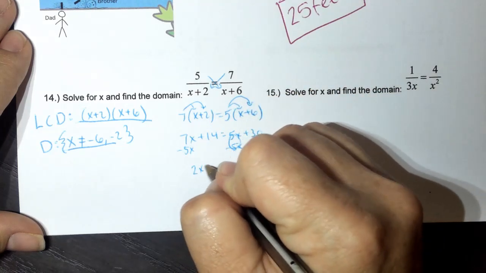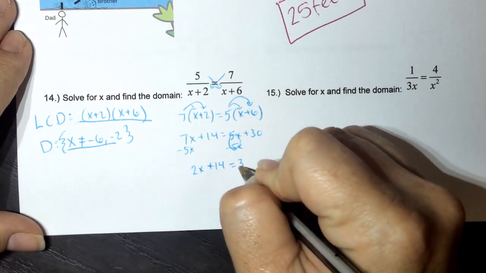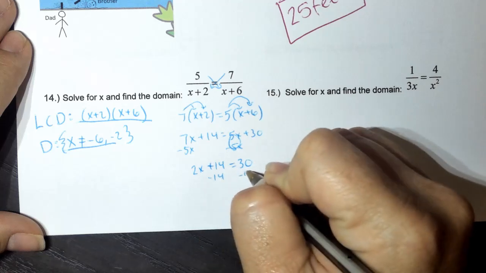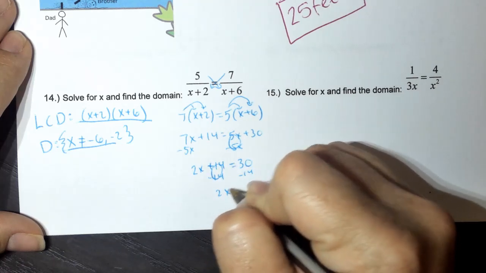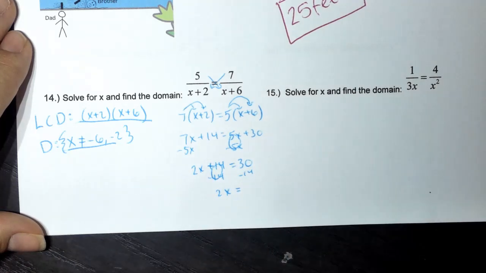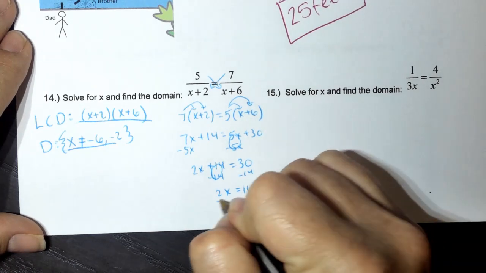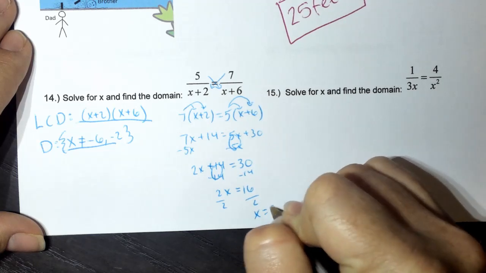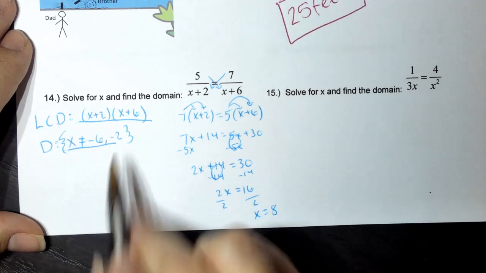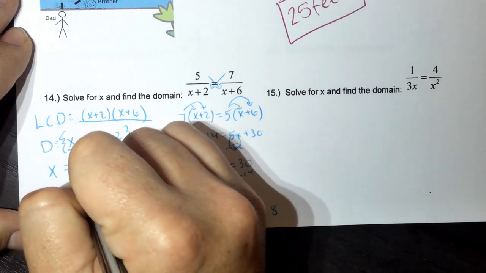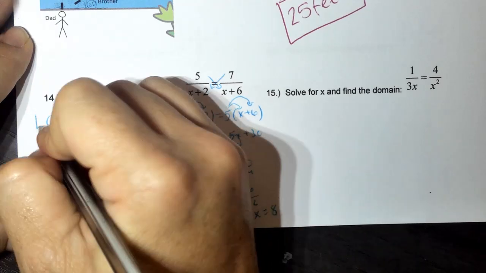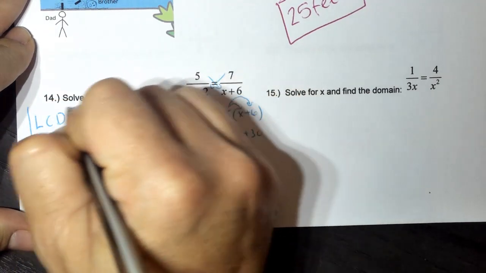That gives me 2x plus 14 equals 30. Minus 14, minus 14 gives me 2x equals, what is that, 30 minus 14? 16. What? I think 26. Divide by 2, I get x equals 8. Well, that's not negative 6 or 2, so x equals 8. And there's my answers.